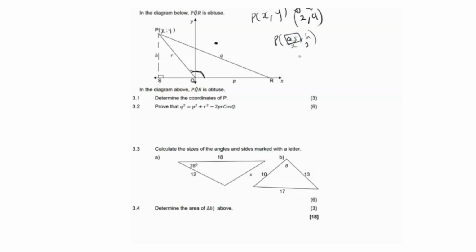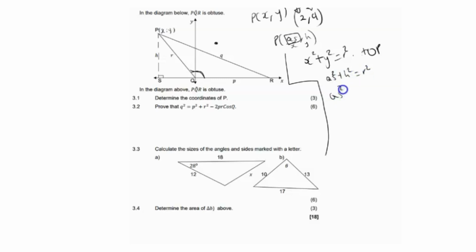So now let's do it. We will be using the theorem of Pythagoras. I'm just going to write TOP. So it's x squared, which is QS squared, plus H squared equals R squared.